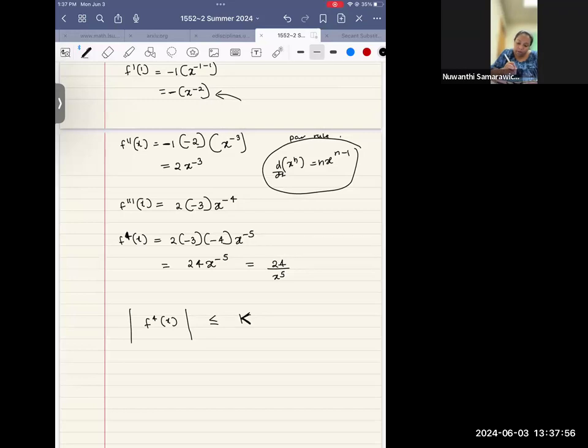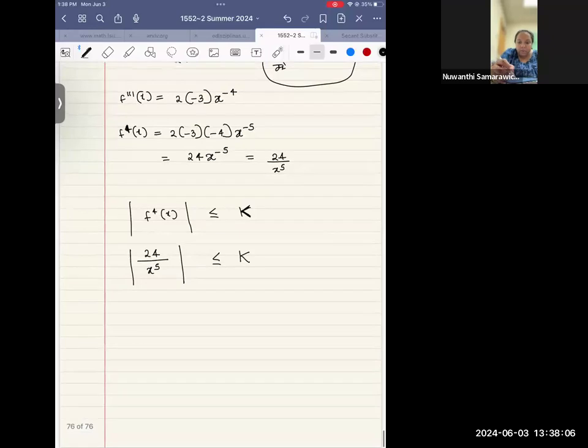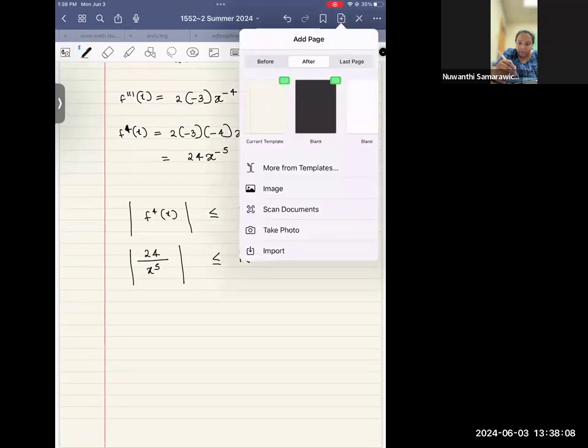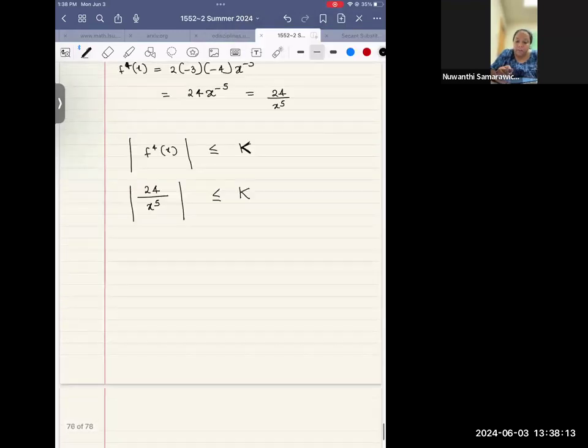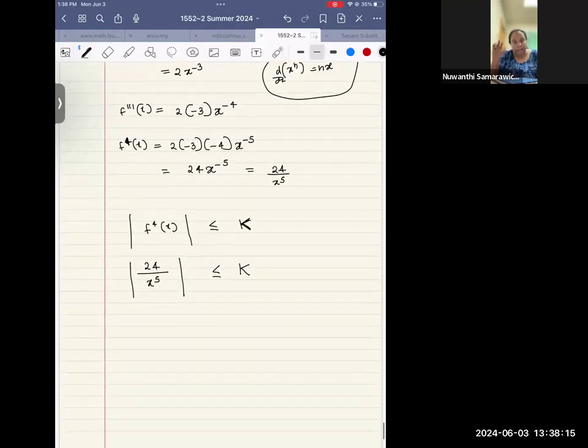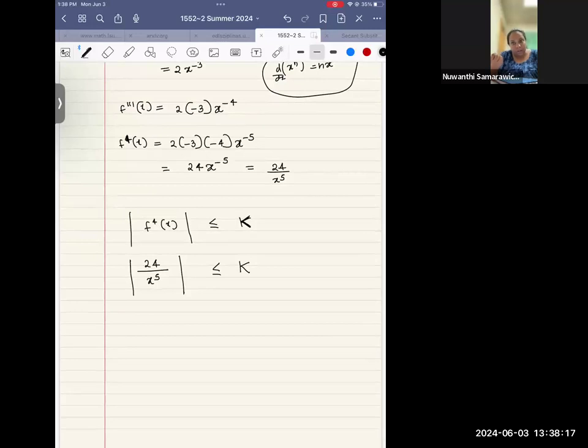So this means 24 over x to the power 5. Because they haven't given k here, we have to assume a k.